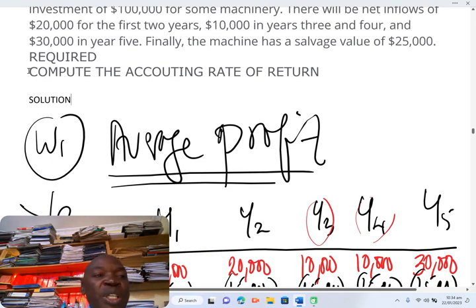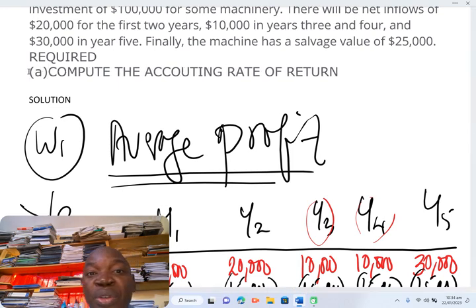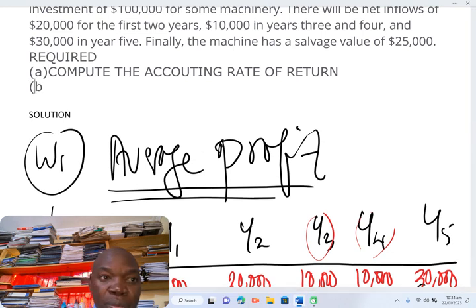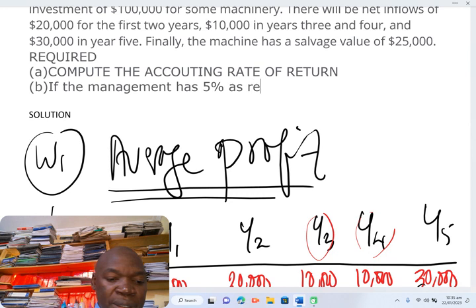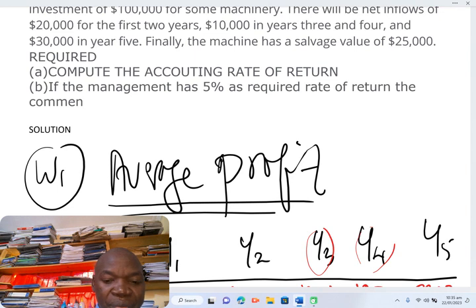For example, if I add part 2 here, where part 1 is compute ARR, part 2 is: if the management has a 5% return as the required rate of return, then comment on the acceptability of the project.